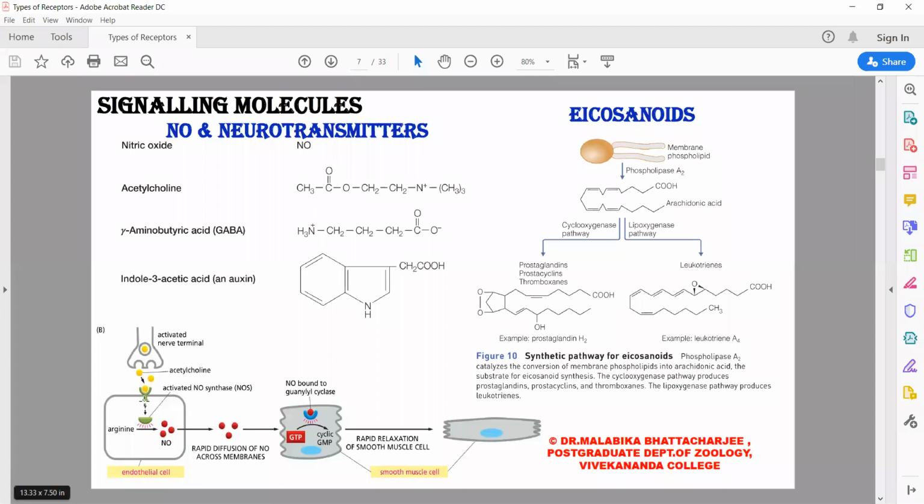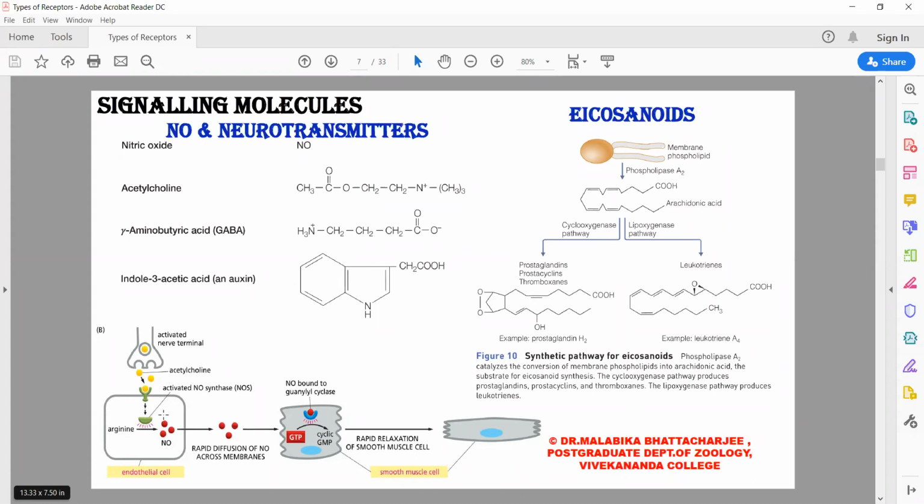Acetylcholine is liberated, and in the endothelial cells an enzyme is activated known as nitric oxide synthetase, which can synthesize nitric oxide from the amino acid arginine. So this cell is now capable of synthesizing nitric oxide.